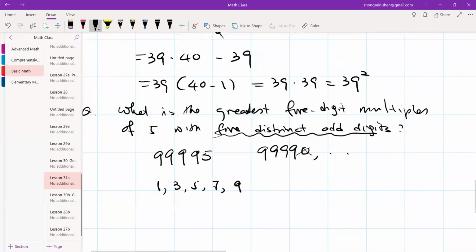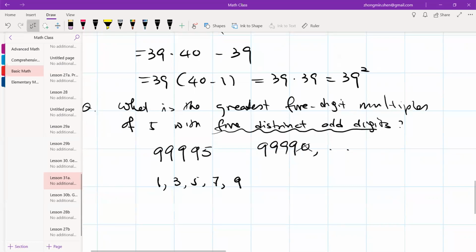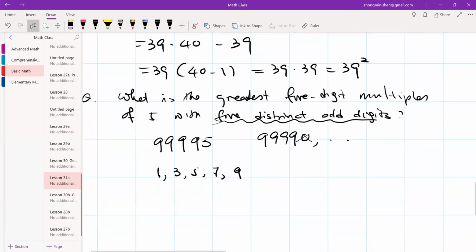That means your number must be a permutation of those 5 digits, and you have to make it as large as possible. Of course, you begin with 9, then 7, because 5 has to be at the end.